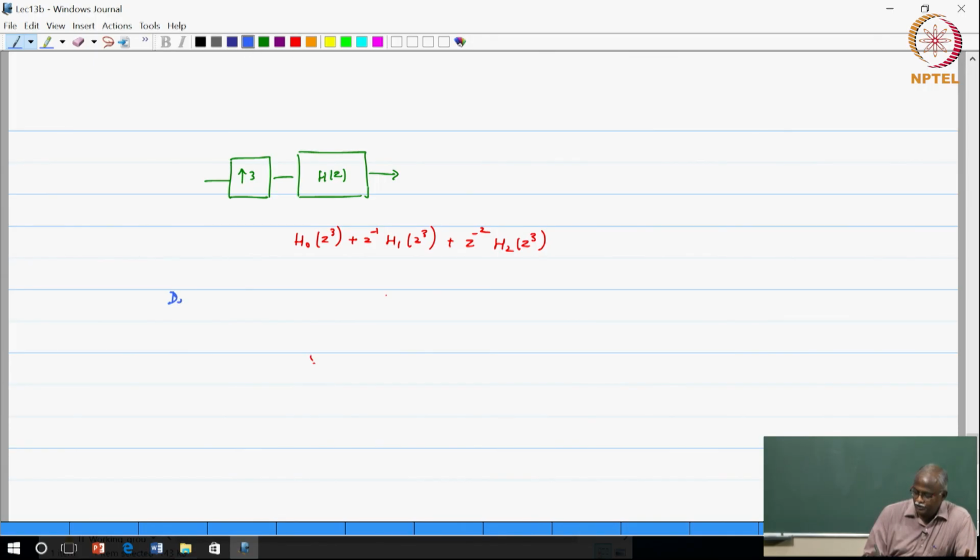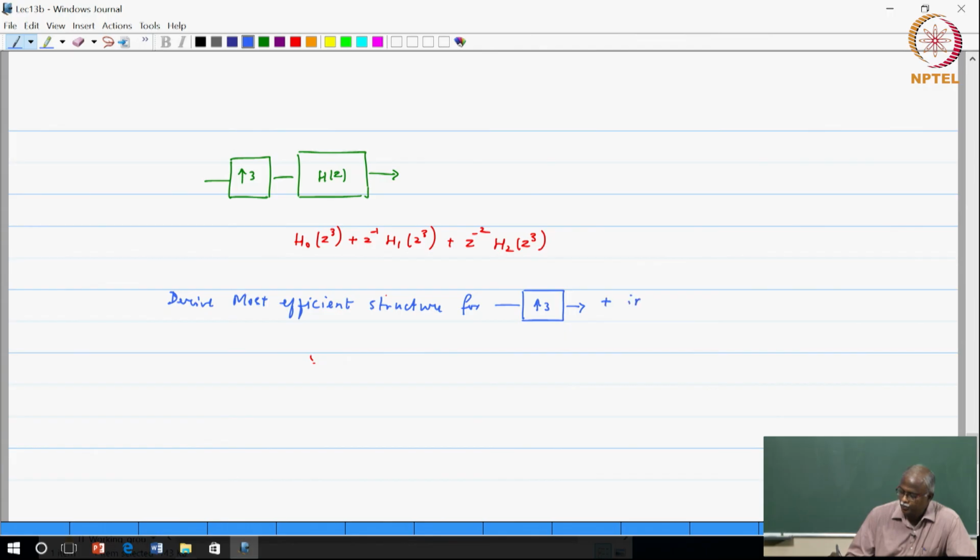Derive the most efficient interpolation, and you will find that you are not doing any operation on any non-zero samples. It is the beauty of this, the most efficient structure for upsampling by 3 plus interpolation filtering.